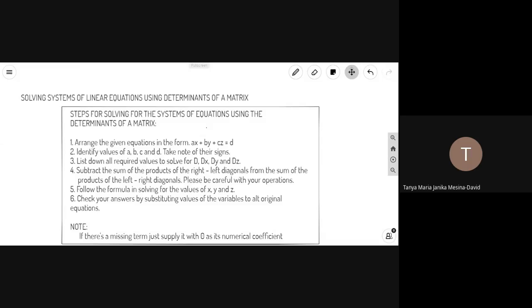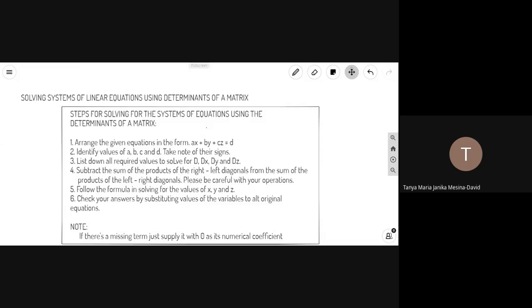In order for us to solve for the determinant, we have to subtract the sum of the products of the right to left diagonals from the sum of the products of the left to right diagonals. Remember to be careful with your operations. Later, I will illustrate what the right to left diagonals and the left to right diagonals are.